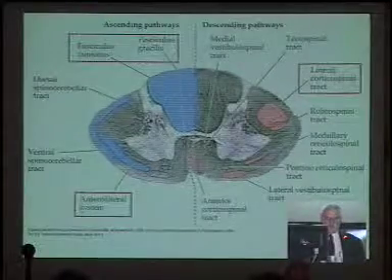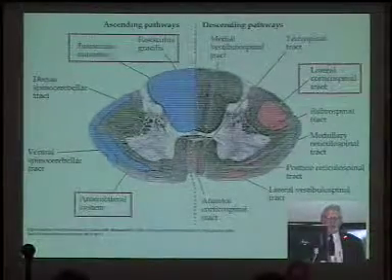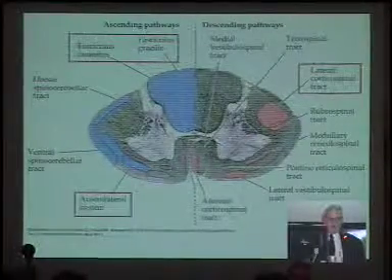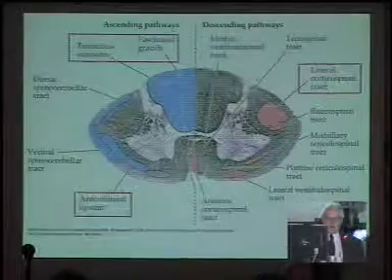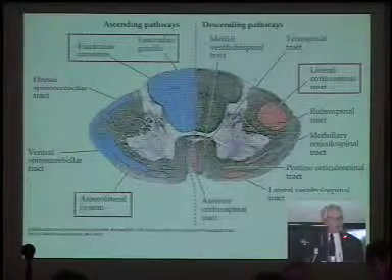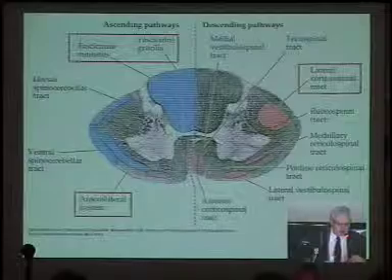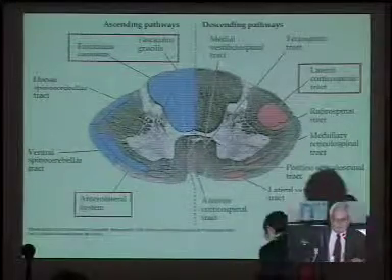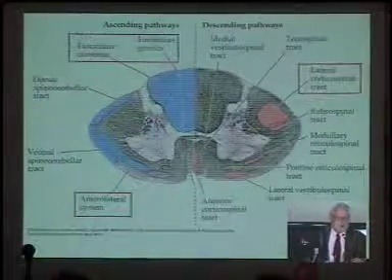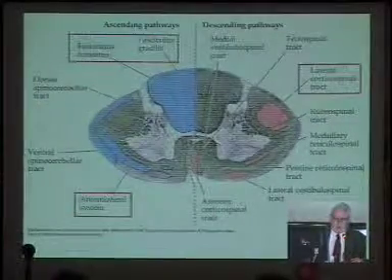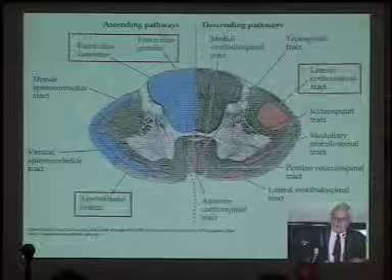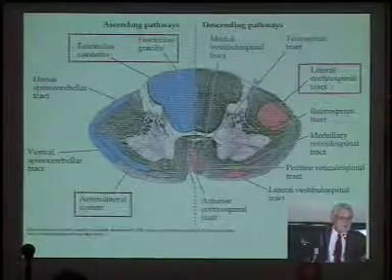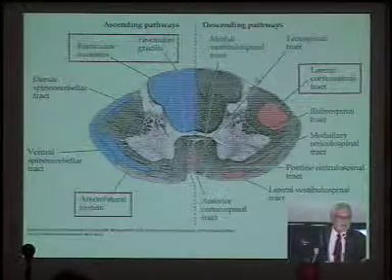You can damage these up here, and these neurons will still be alive here, and they will respond to local stimuli. So you can still have reflexes and tone in those muscles because these nerves are still alive, and they will respond to local signals such as stretch reflexes.